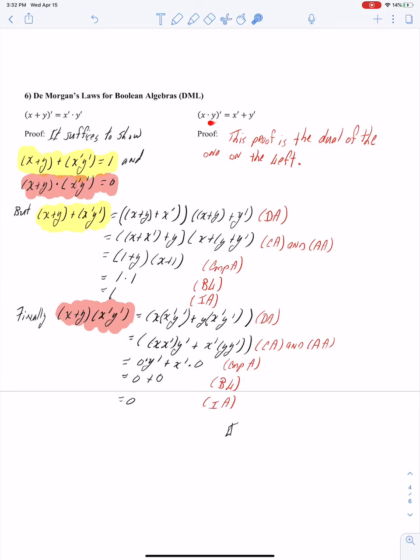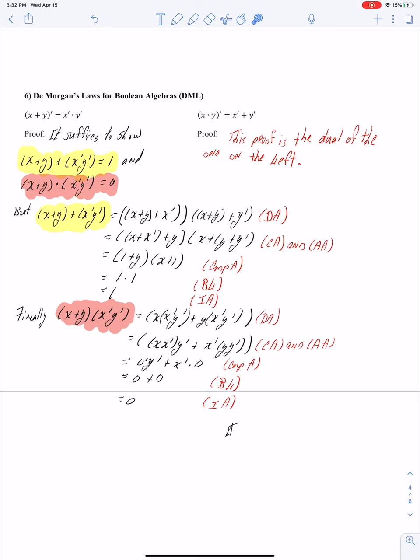The complement of x dot y is the complement of x plus the complement of y. So that's its dual. Now, I'm going to concentrate on just proving this, and I say the proof of the dual is just you take each of these statements over here and you write its dual, and that's the way the argument goes, all right?